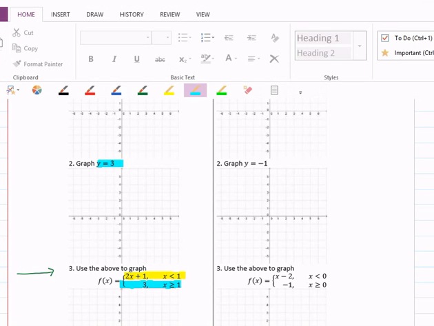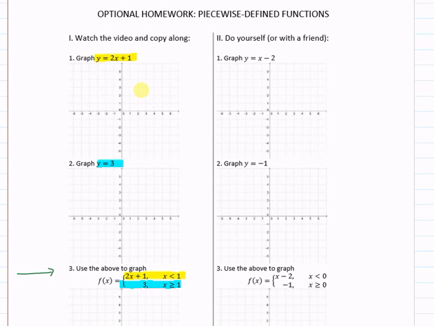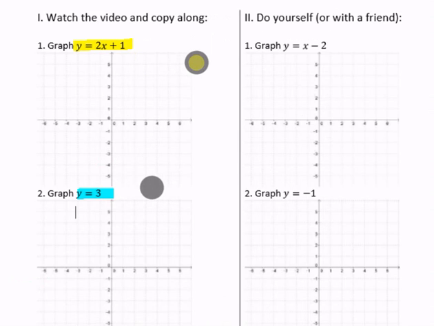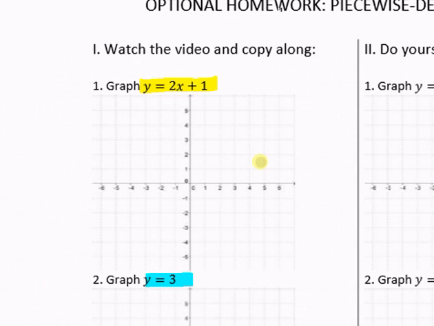So for the first one, I'm going to use a green pen and graph y equals 2x plus 1. Y equals 2x plus 1 is just a line, so I can graph it either using properties of lines or I can plug in some numbers. If I plug in a 0 for x, I get a 1 for y, that's the y-intercept. If I plug in a negative 2 for x, I'll get a negative 3 for y.